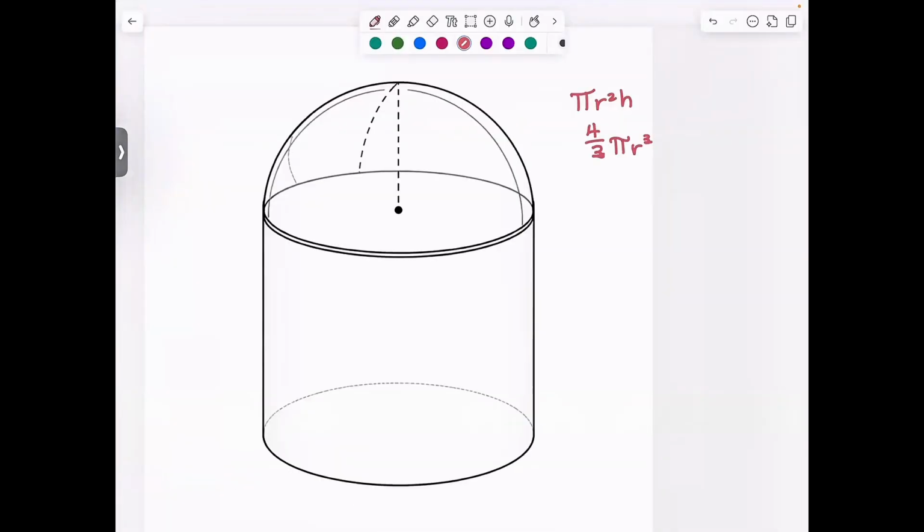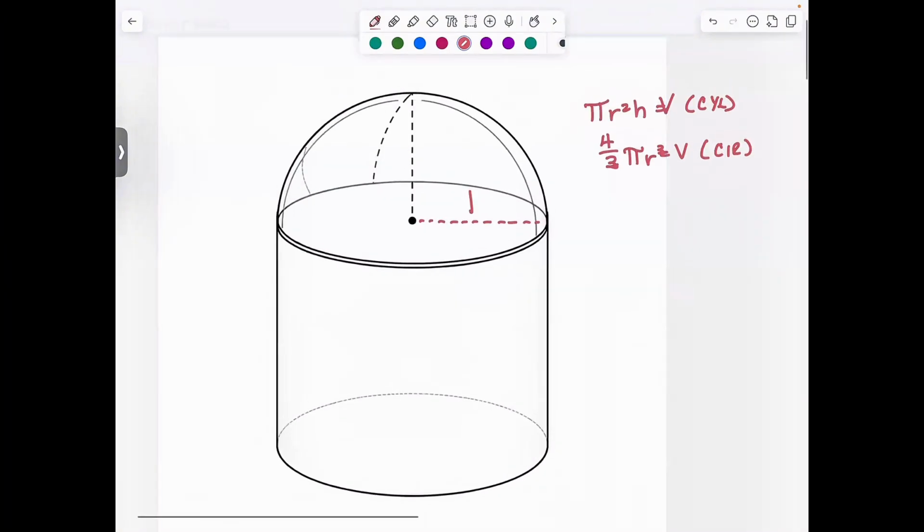Okay, if we're looking at volume, it tends to be a little bit more simple. We have a cylinder here and I have the formulas. There's our cylinder, and there's the volume of our sphere. I'm just going to give it a radius of 4 centimeters.